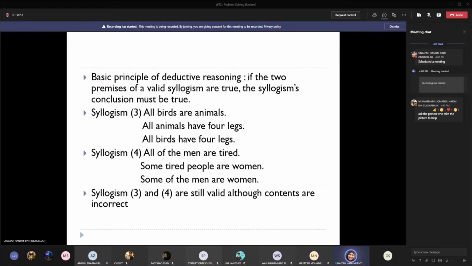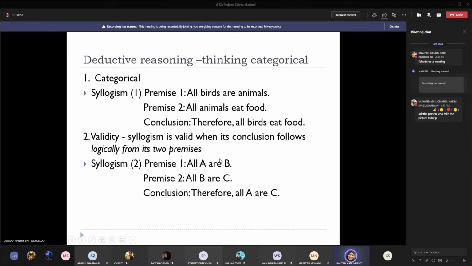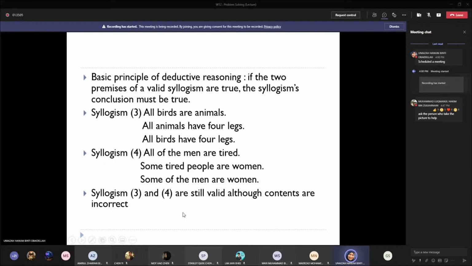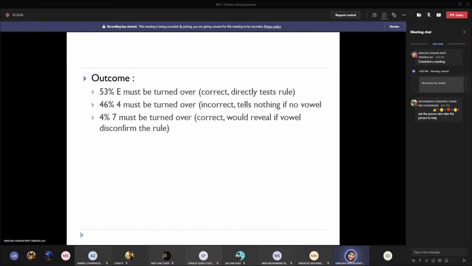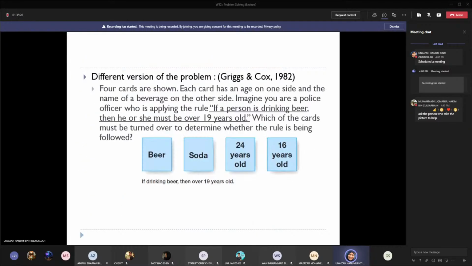However, mind you that applying this rule doesn't mean that we can accept the outcome, because this can be quite misleading. We looked at some examples where this can be misleading, and this is also proven in examples such as the Wason selection problem, as well as this beer problem.